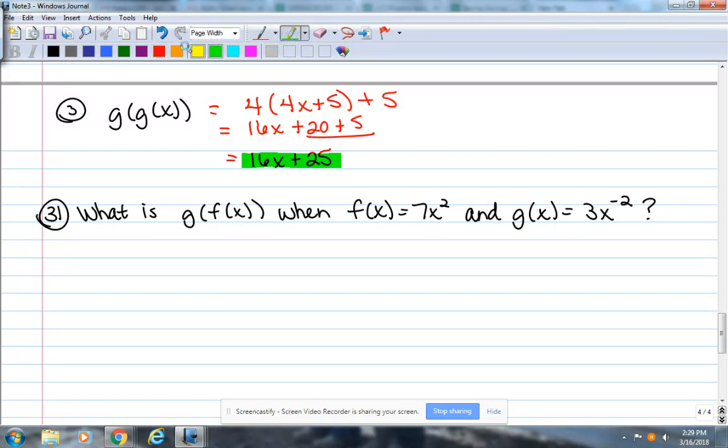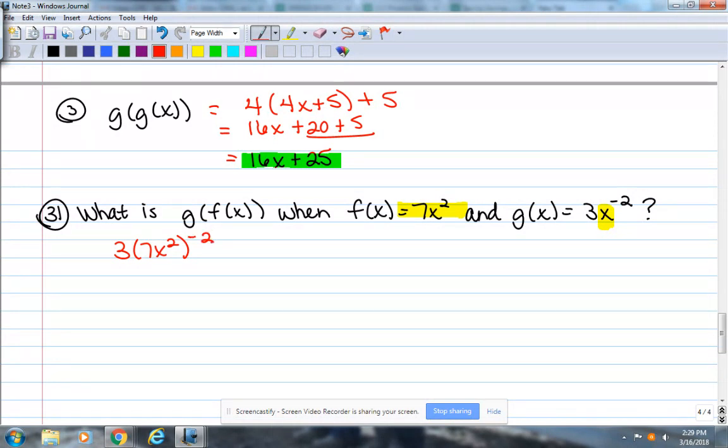So I'm going to take all of f of x and substitute it into the x of g of x. Remember, you start on the inside and work out. So we take f of x and insert it into g of x for the x. So that's going to be 3 parentheses 7x squared parentheses negative 2 power.